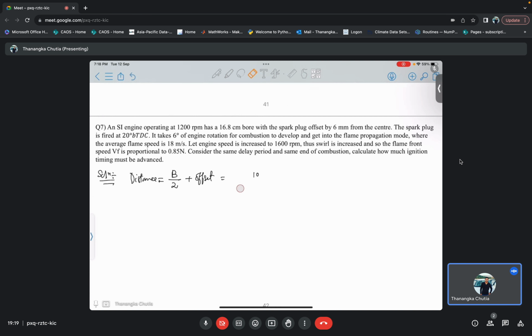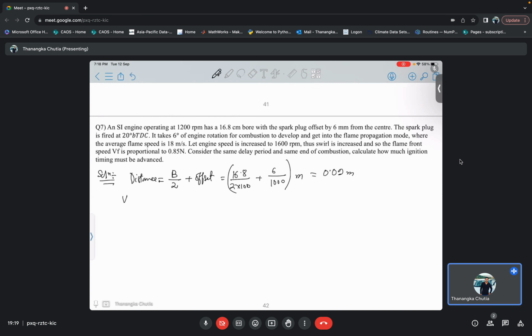I will express everything in meter, it will be better. 16.8 divided by 2 into 100, so this will be in meter, plus 6 divided by 1000 meter. So 16.8 divided by 200 plus 6 divided by 1000, you'll get 0.09 meter.